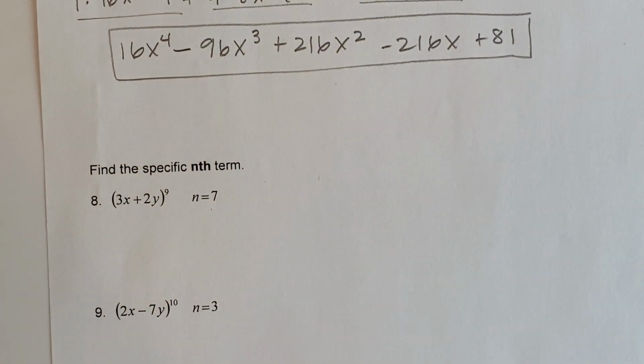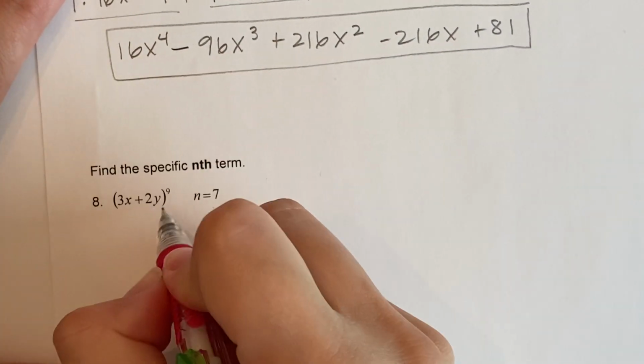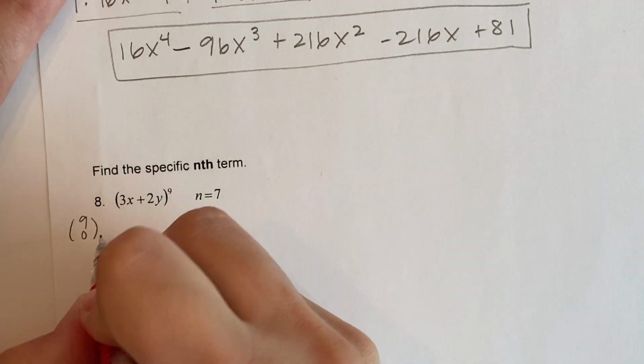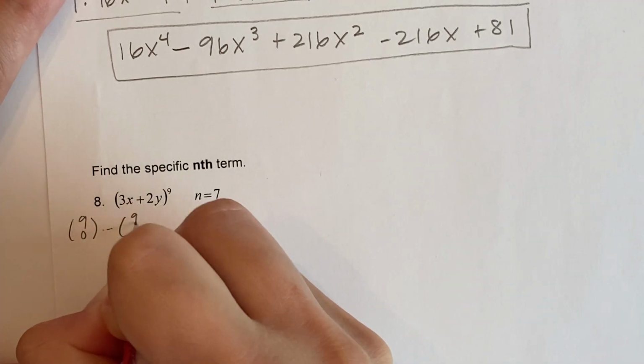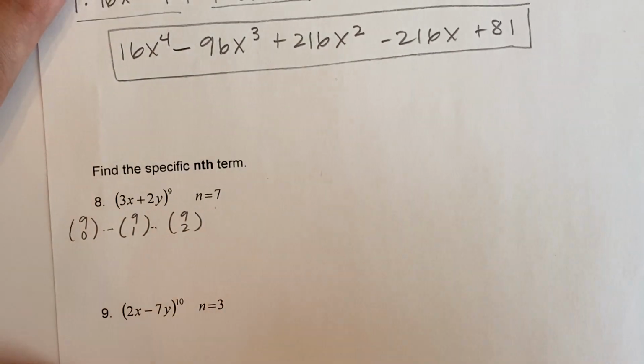But now for number 8, I don't want to sit here and write out that whole thing just to box the seventh term. I kind of want to be smart about it. Okay, so I know that this is going to start out at 9 choose 0, and then go to 9 choose 1, and then go to 9 choose 2, right? That's how this works.